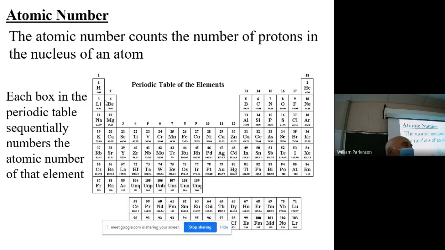Let's just take column 17 of this table, for instance. And let's look at combining the elements in column 17 with hydrogen. The top of the table is F, which is fluorine. And when hydrogen combines with fluorine, it makes HF. One H combined to one F.